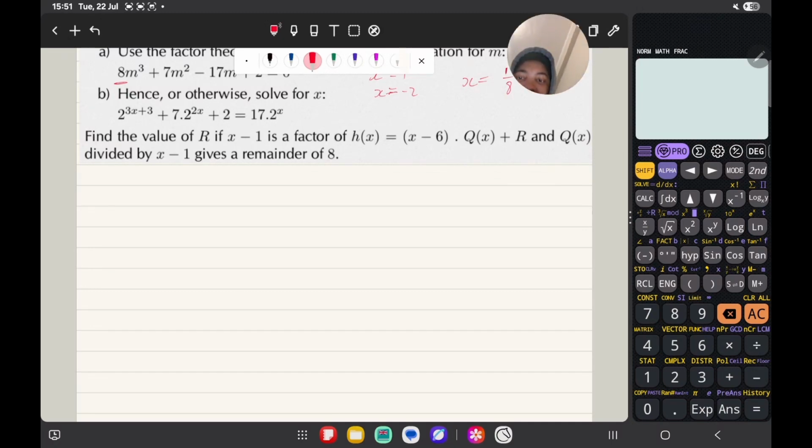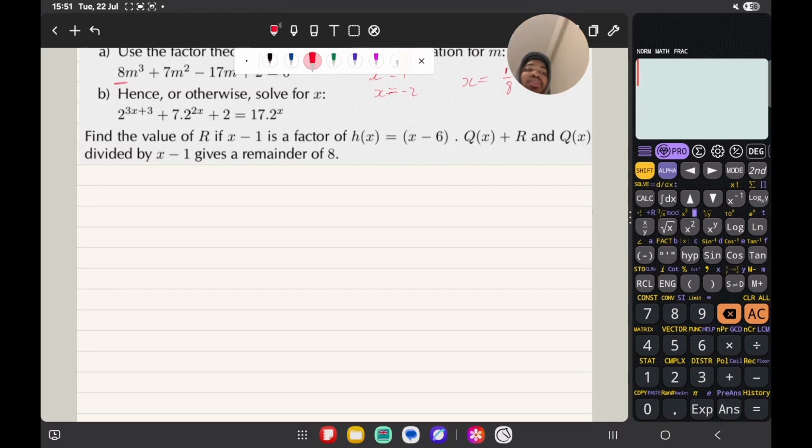Cool. So let's work on this one. They say: find the value of r if x minus 1 is a factor of h(x), and q(x) divided by x minus 1 gives a remainder of 8, right?